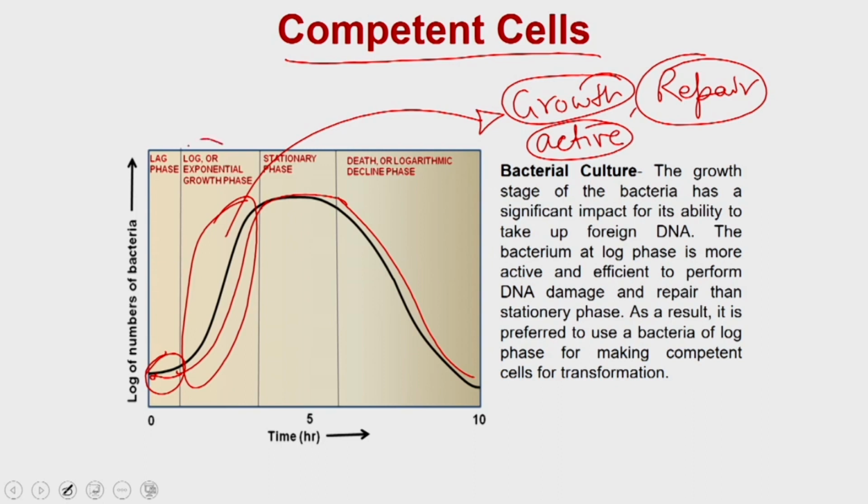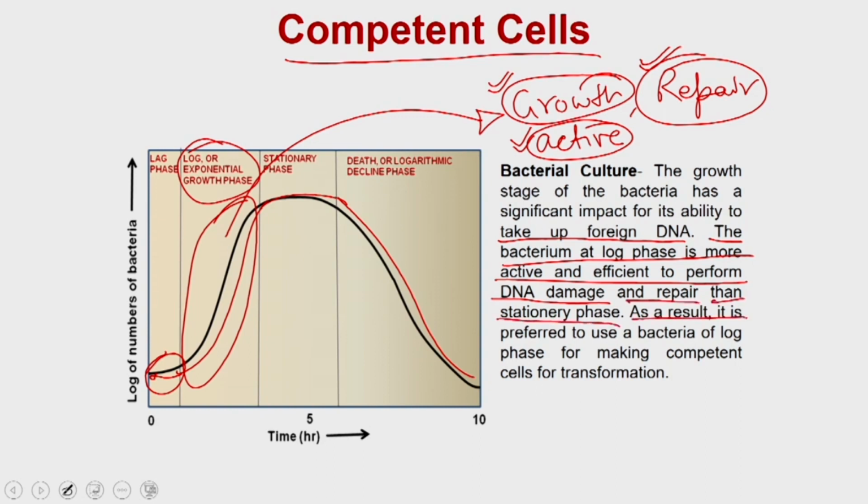So, the log phase bacteria is good because they show very high growth, they are metabolically very active, and the most important thing is that if you give them some kind of stress or damage, they will be very good in terms of their repair mechanism, and that is why they are very good in terms of taking up the foreign DNA. The bacteria in log phase are more active and efficient at DNA damage and repair than stationary phase bacteria.